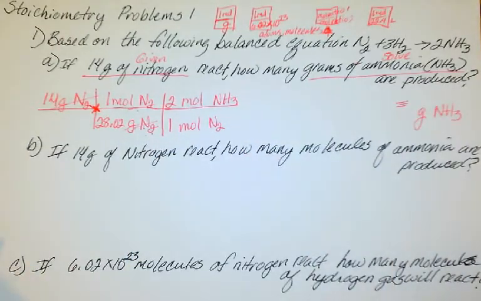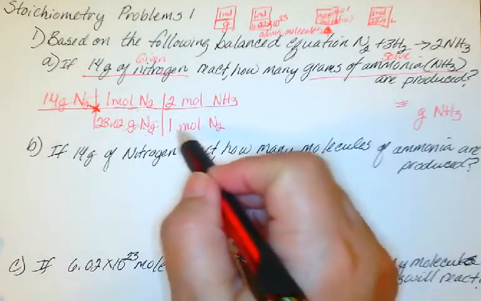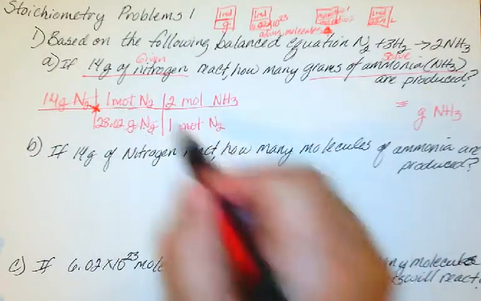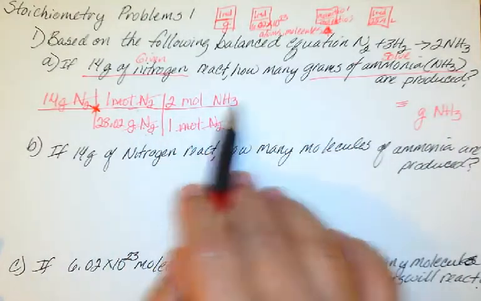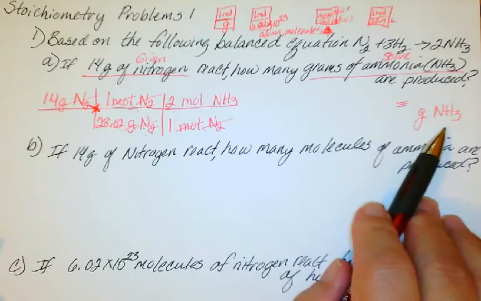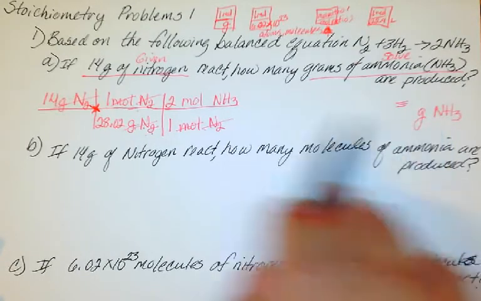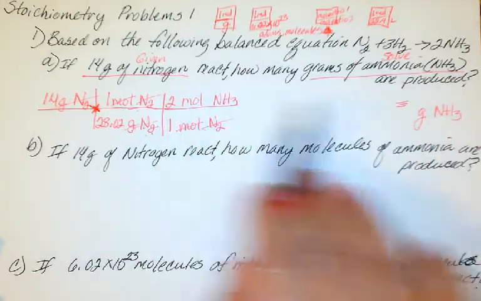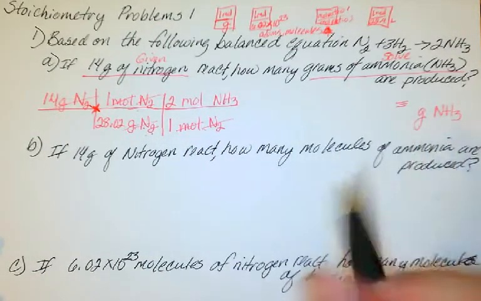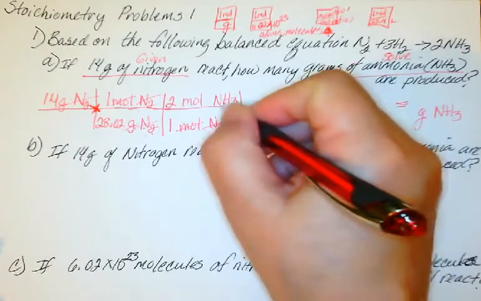I double the amount of ammonia. Okay, so now I can cross cancel moles and moles, and I have moles of NH3. I check. Still not at grams. This is moles. This is grams, so still not here, which means I have another step.